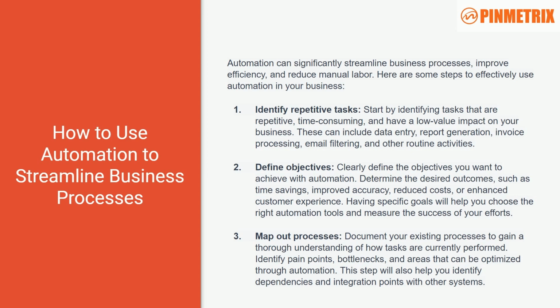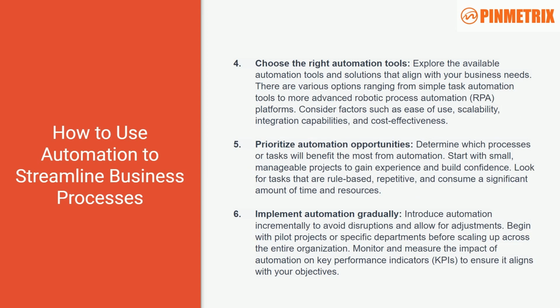These steps will also help you identify dependencies and integration points of other systems, so you can then decide to have other systems integrated into that particular process. Then this is the point where you need to also choose the right automation tools. So you must have an understanding of the automation tools that you need to use.